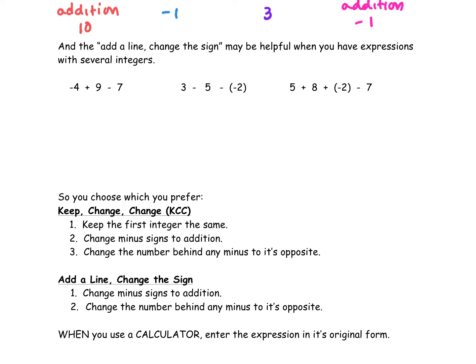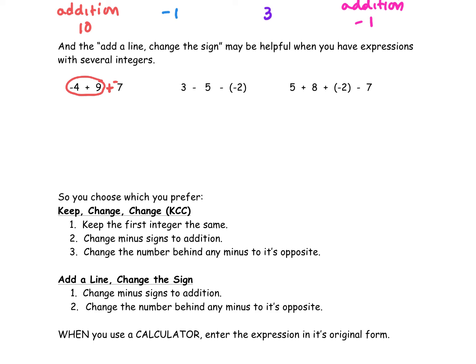When we use this method, remember, we're only concerned about minus signs. So as I look through, I want to keep my plus sign right there. I want to change my minus sign. So I look for the minus sign to change them, and I only change the number behind it. So now everything in this expression is addition, and then I could work with two numbers at a time.